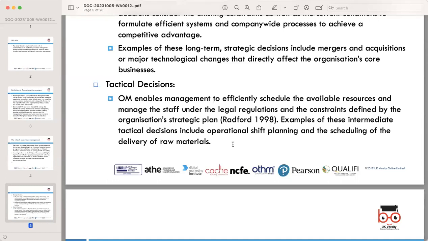So basically, tactical decisions are typically of intermediate nature and encompass activities like shift planning and the scheduling of raw material deliveries. So these decisions are instrumental in translating strategic objectives into practical and actionable plans that enhance operational efficiency.